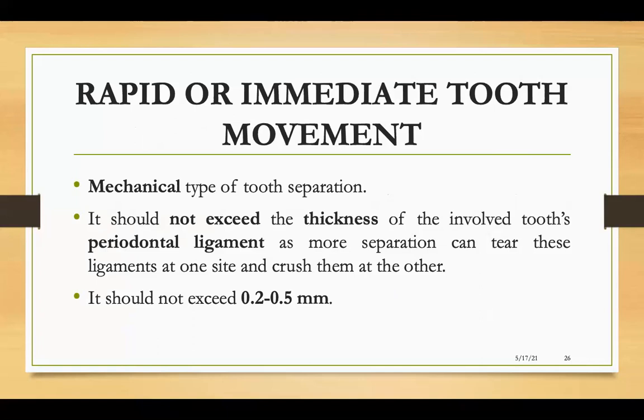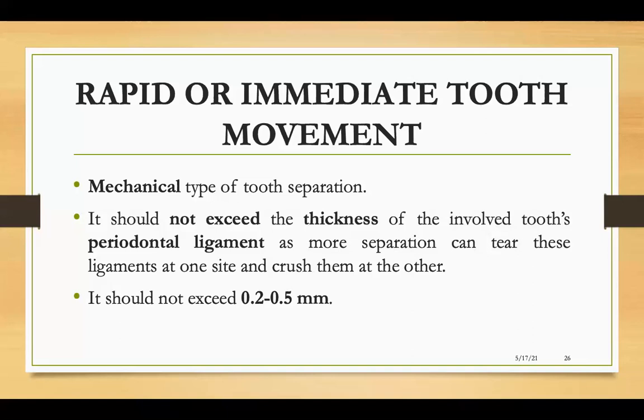So mechanical type of tooth separation, which is rapid or immediate tooth movement, should not exceed the thickness of the involved tooth periodontal ligament, as more separation can tear these ligaments at one side and crush them at the other side. As you grow in dentistry, you know that you have to respect the periodontal ligaments. It has got numerous fibers which you have to respect, and that is why even an orthodontist will respect the periodontal ligament.